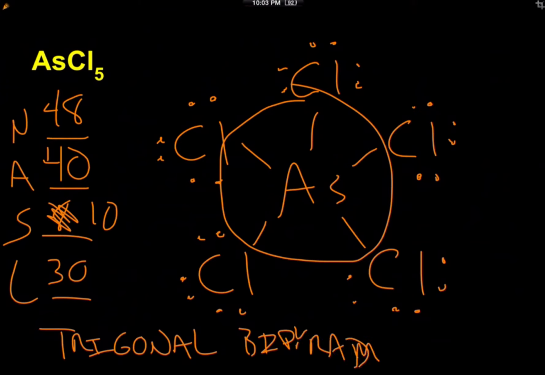Essentially it's 2 pyramids with a chlorine at the top and the bottom, and then the 3 other chlorines form a triangle around the arsenic, sort of at the equator of the molecule. So if you look at it, it looks like 2 pyramids stuck together at the base.